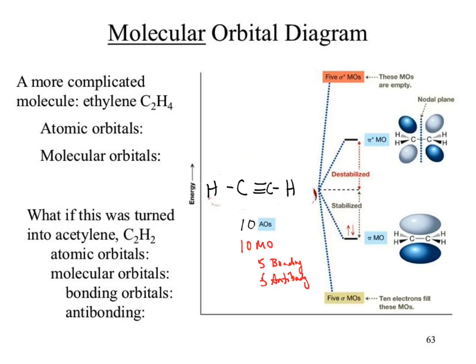When I look at all of those interactions, how many of those are going to be sigma? 1, 2, 3. Okay. So of my bonding, instead of having 5 sigma, I will have 3 sigma, which then means how many anti-sigma will I have? 3. 1 for 1 match.